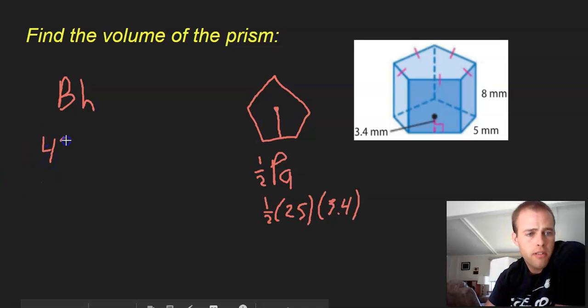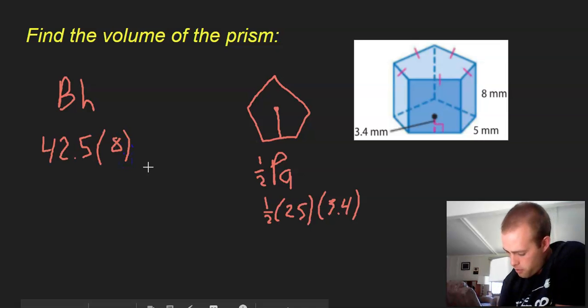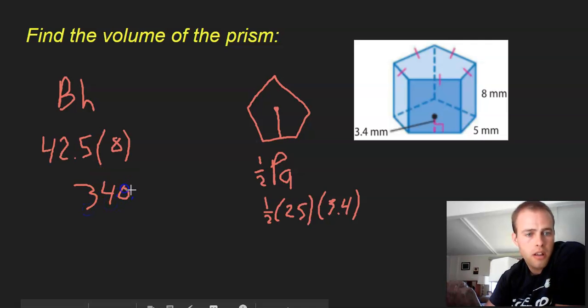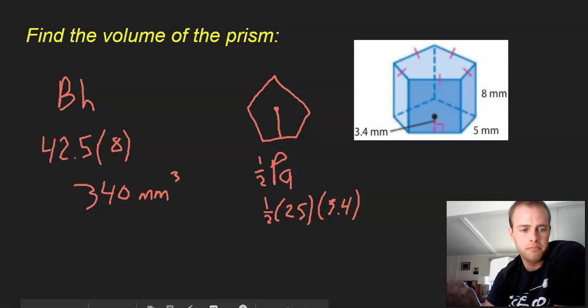We're plugging that in for our base. I'm going to take that times the height, which is 8. 8 times 42.5 is 340 millimeters cubed. All right, very straightforward when we're talking about volume of a prism.